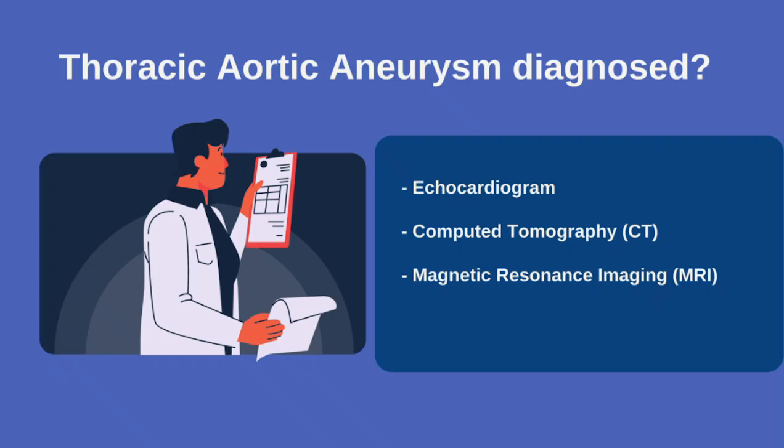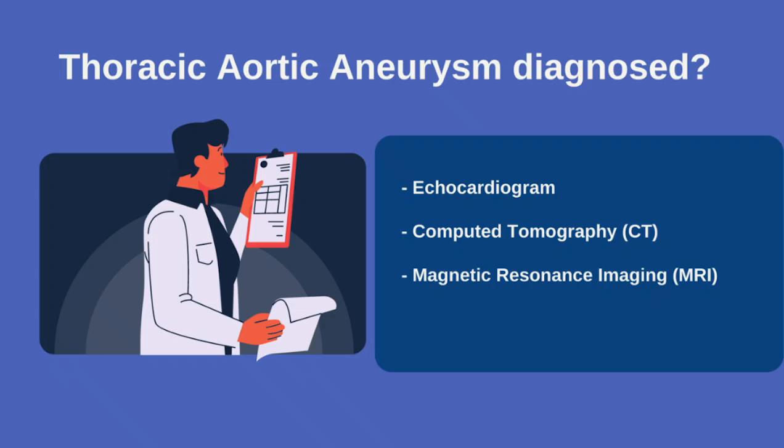Next is computed tomography or CT scan kasi need gumamit ng x-rays for the body so makita at madadetect din dito yung size at shape and even the location ng aneurysm. Yun nga lang, ang disadvantage nito is na-expose yung patient sa radiation, especially for those people with Marfan syndrome since they need frequent monitoring.